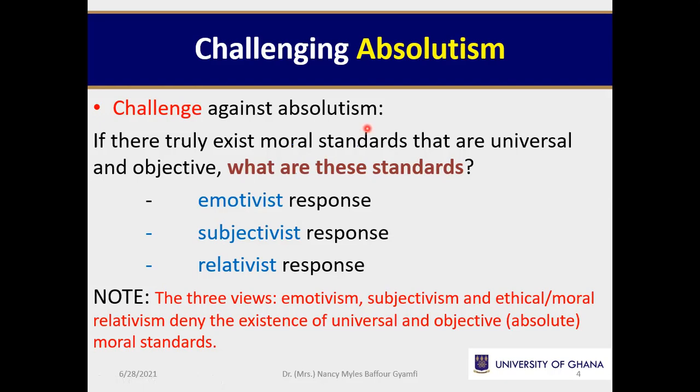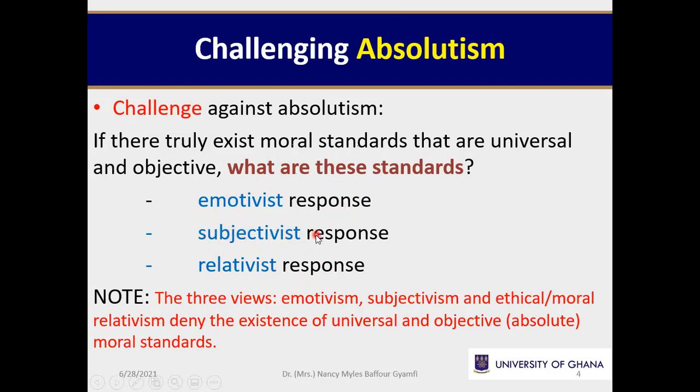Which ones are those? Now, you would see three different schools of thought, or three different perspectives, that react to challenge the absolutist view. One of them is emotivism, the other one is subjectivism, the other one is relativism.